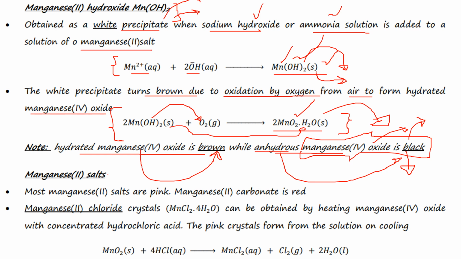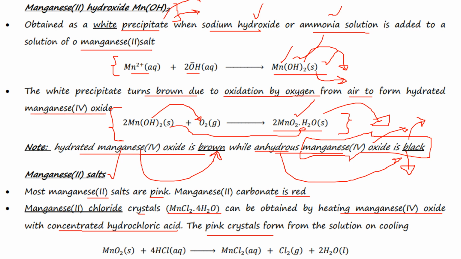Now let's look at the salts that involve the manganese 2 ion. So you're going to say that most of the manganese 2 salts are going to be pink in color, and manganese 2 carbonate is going to be red. Now you're going to add that manganese 2 chloride crystals, which are written by this formula, hydrated manganese 2 chloride, can be obtained by heating manganese 4 oxide together with concentrated hydrochloric acid, and we are going to obtain them as pink crystals at the bottom of our test tube or boiling tube.